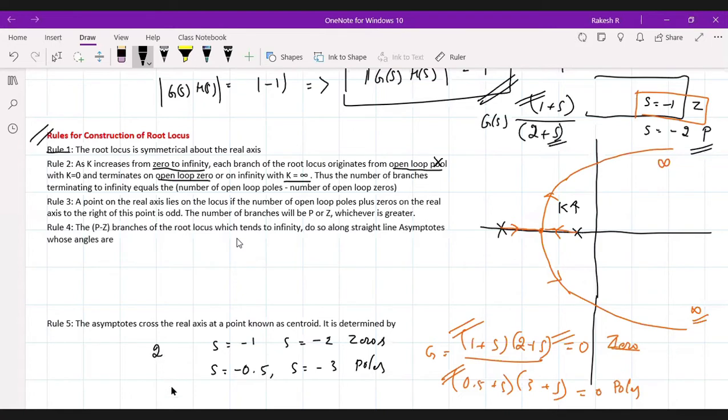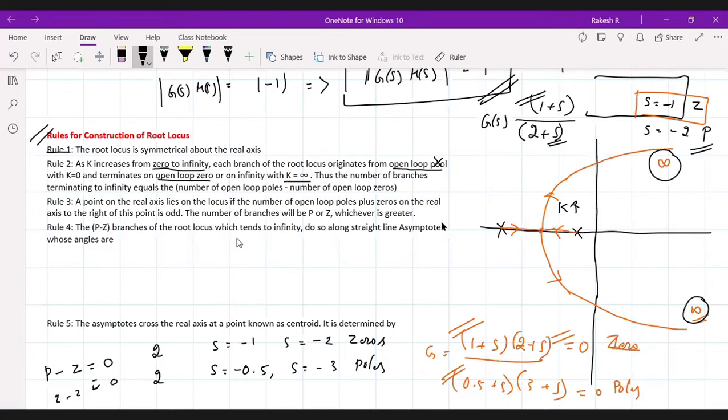We have two zeros and two poles. So P minus Z is 2 minus 2, which is 0. This means there will be no branches terminating at infinity. We will not have any roots terminating at infinity here.